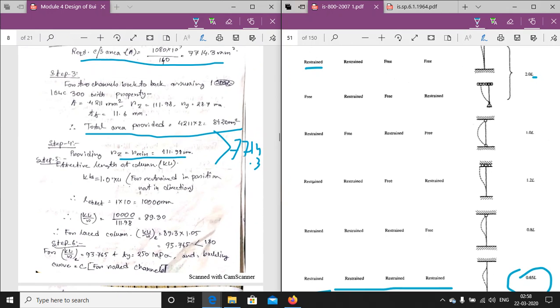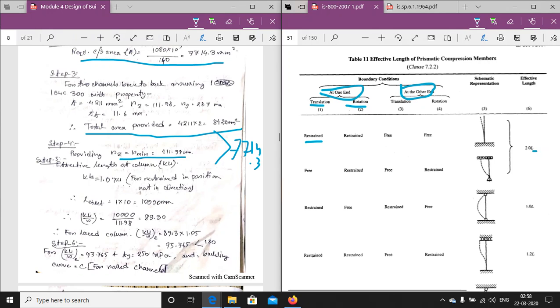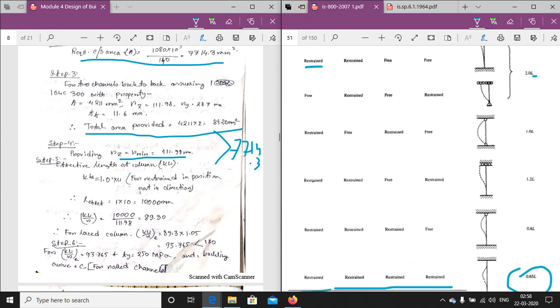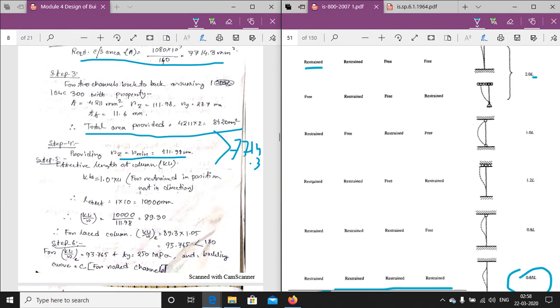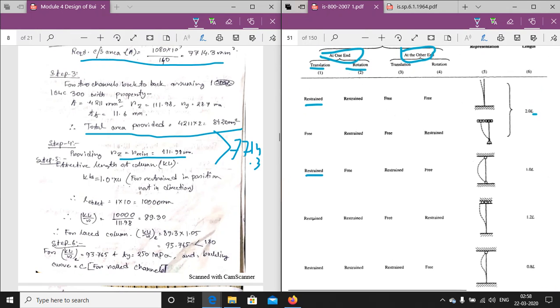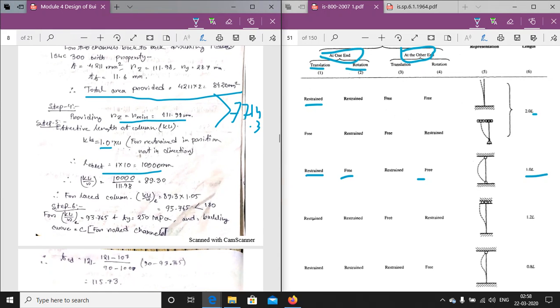So position it is restrained, but direction it is not restrained. So for position, that is translation, it is restrained, and not in direction, meaning rotation is free. So the value will be 1 into L.